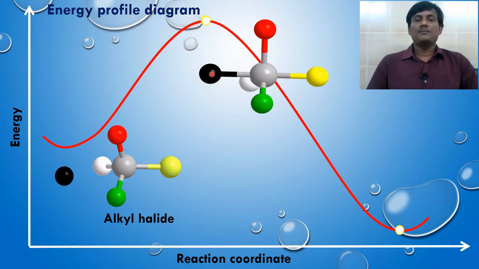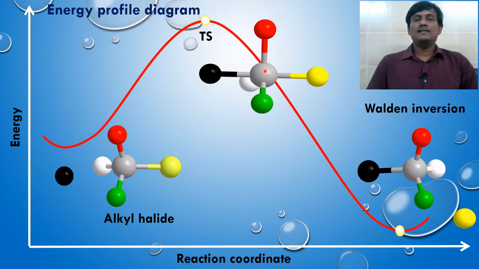After that, the pentacoordinate transition state decomposes, and there is a decrease in energy when there is a decomposition of the pentacoordinate transition state into the nucleophile substituted product. In this case, you can find there is an inversion of the reaction center.